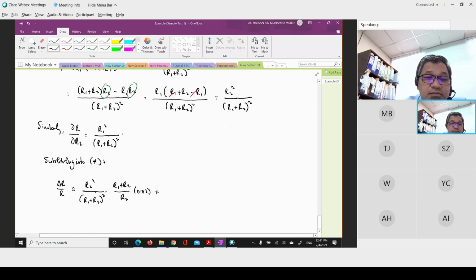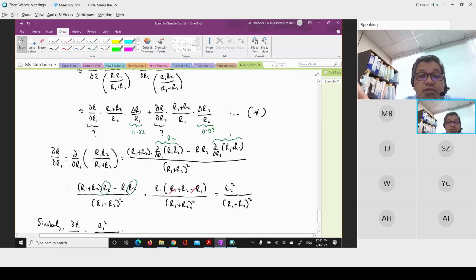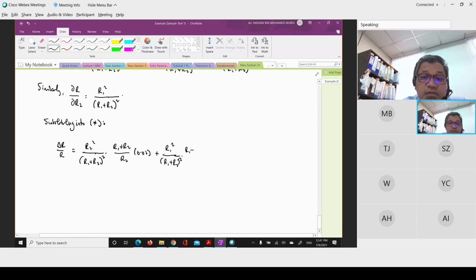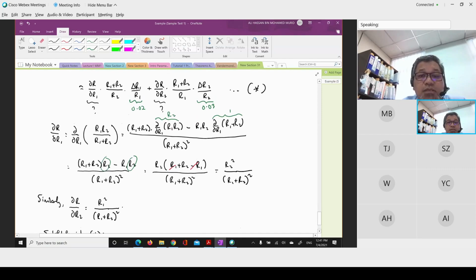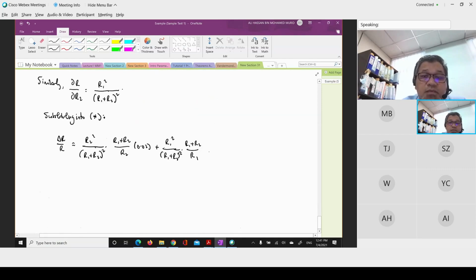Then plus the next one is R1 squared over (R1 plus R2) squared, times what? Times (R1 plus R2) divided by R1. Yeah, then times 0.03. Okay, so we can simplify this.